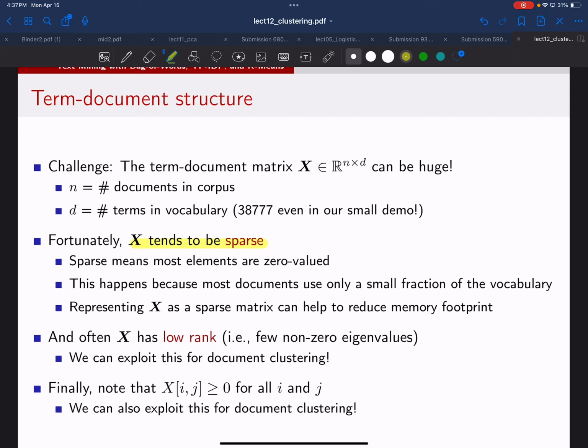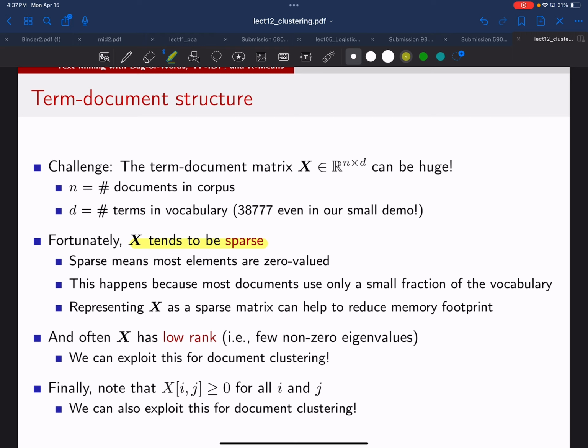A lot of computing frameworks have ways of representing sparse matrices. Rather than allocating memory for every element in that matrix, you just allocate memory for all the non-zeros. You basically make a list of all the non-zero elements in the matrix, and then you have another list of where in the matrix those elements appear, like the coordinates.